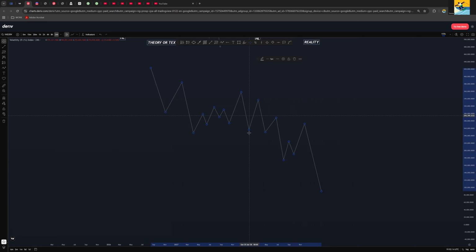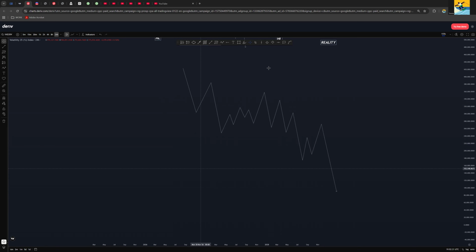So this is what you expect to see while trading the market. This is the actual reality of trading. Lower high. Lower low.